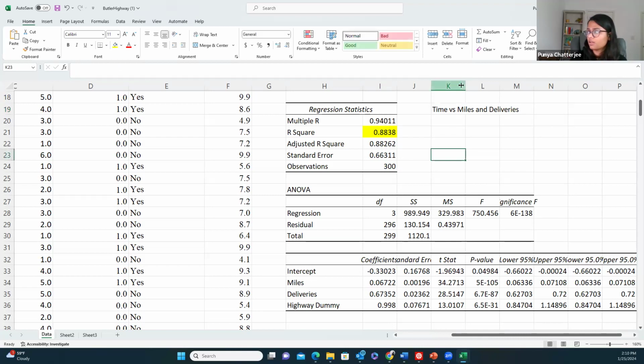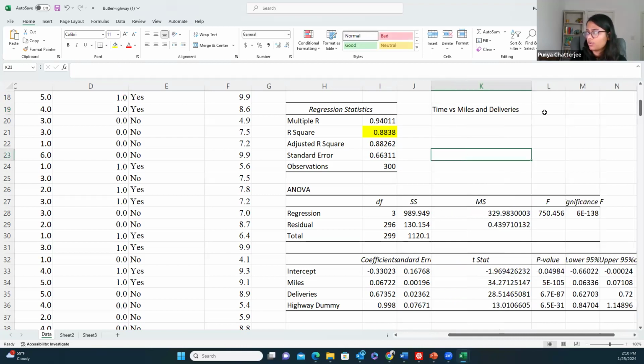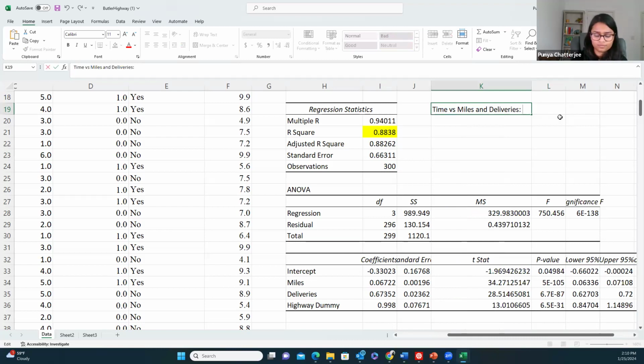For that regression, our R square was 0.817.